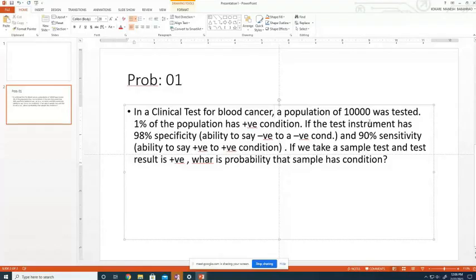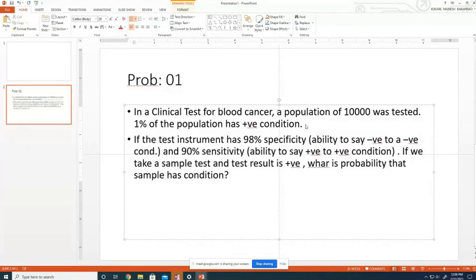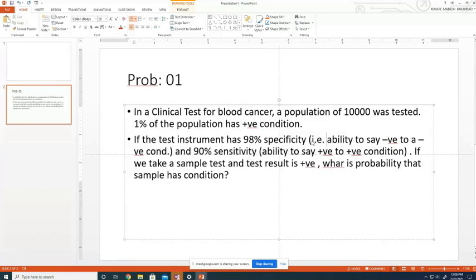The test instrument has 98% specificity, that is the ability to say negative to a negative condition, and 90% sensitivity, that is the ability to say positive to a positive condition.